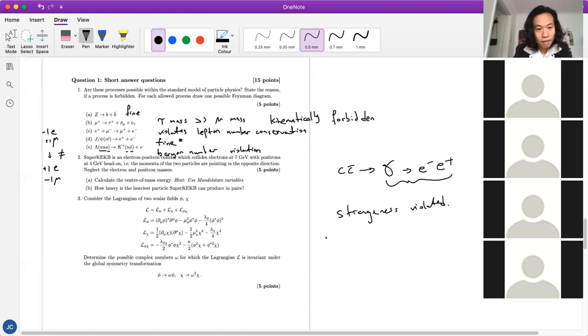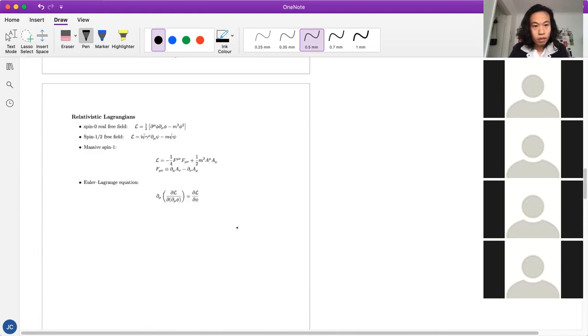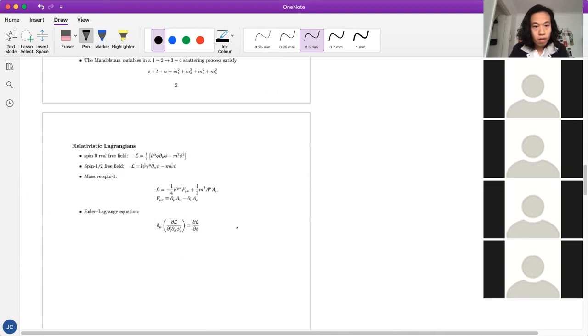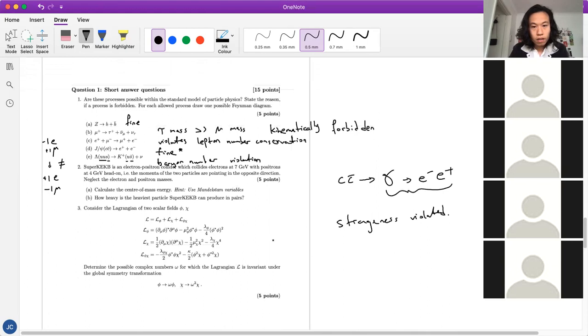But you should have, I always forget how much baryon number up quarks carry. Does it tell you in the beginning? No, it doesn't. I think it's a third. Yeah, I think it's a third. So up carries baryon number of a third, and strange is also a third. So the lambda has total baryon number of +1.